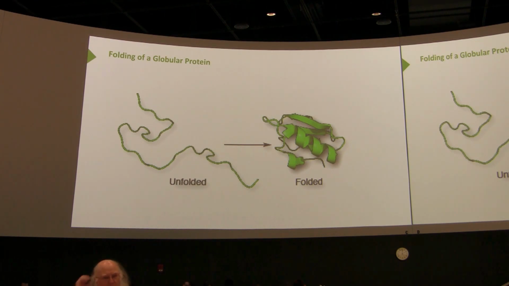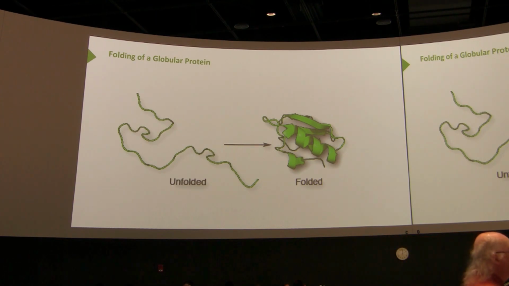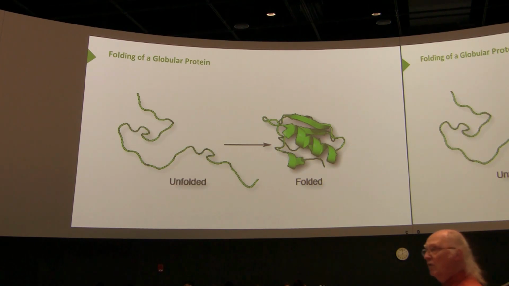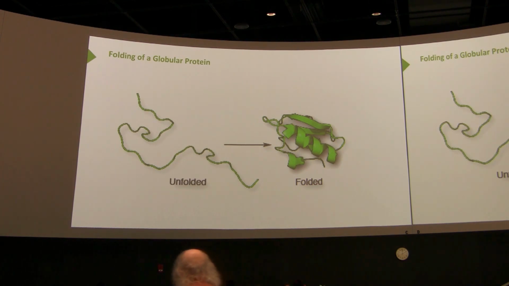One of the things that happens frequently with folding is folding actually happens as the protein is being made. So we see folding start almost immediately. So if I take a completely folded protein and I unfold it, most proteins won't refold properly if we try to let it refold.